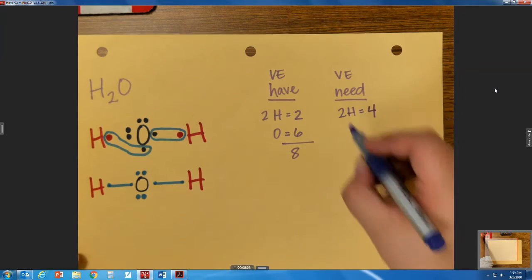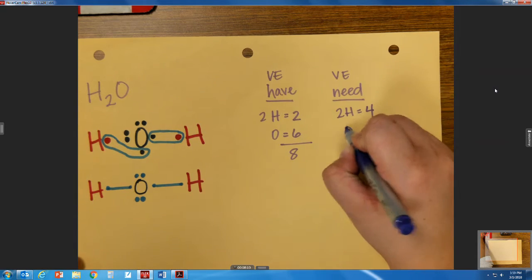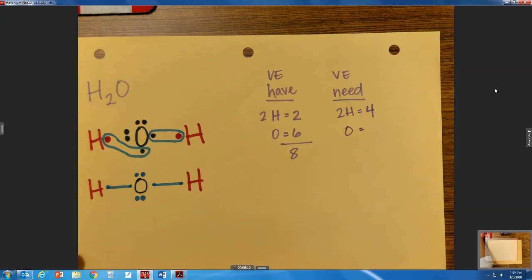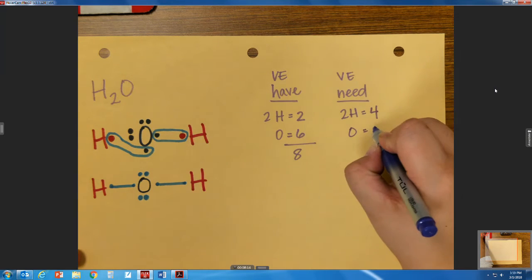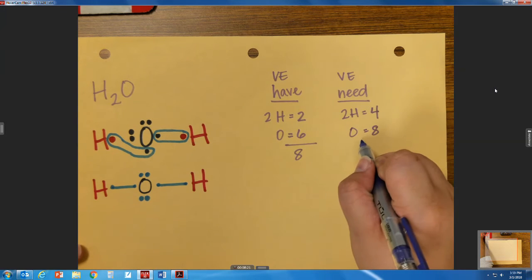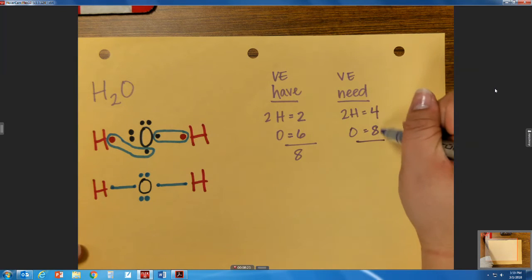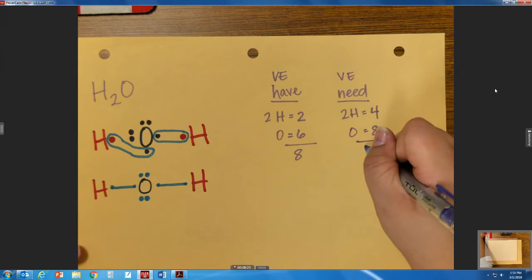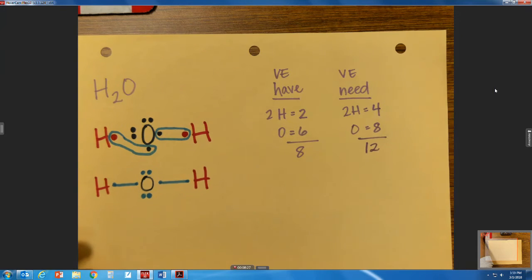Oxygen needs to have a total of 8. It does follow the octet rule, so oxygen needs to have 8. So when we add them together, 8 plus 4 is 12 total.